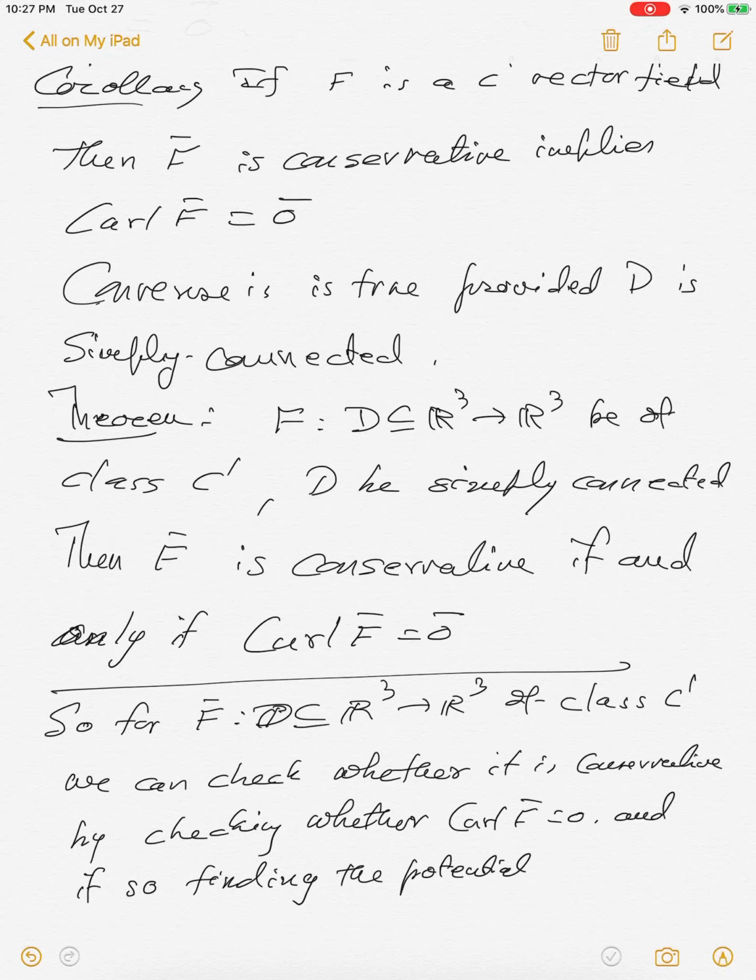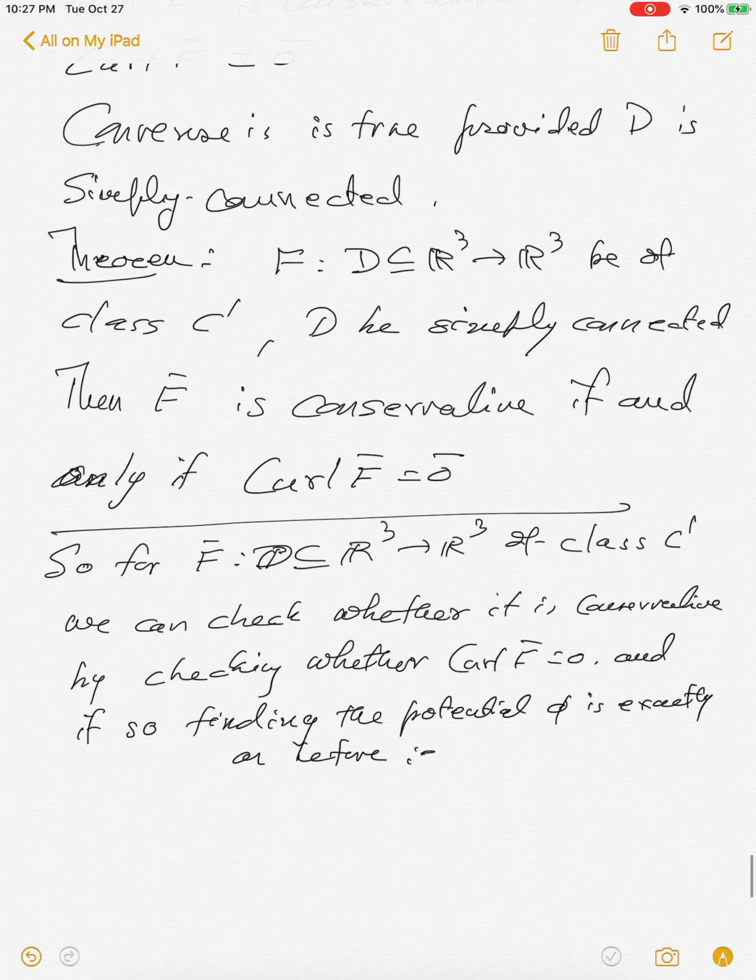Finding the potential phi, this I will do next time. I will work out one example. The potential phi is found exactly as before, meaning that is as in the case of 2D.